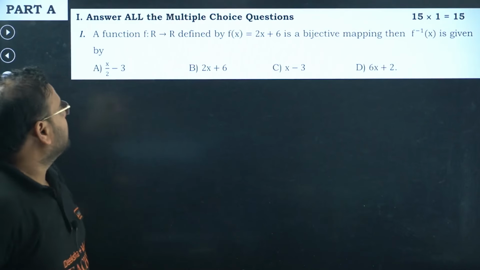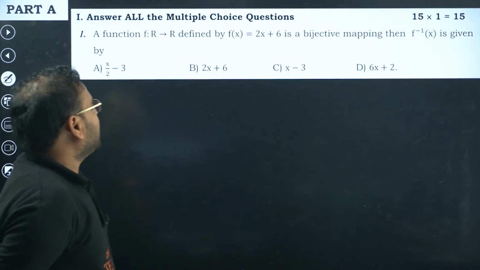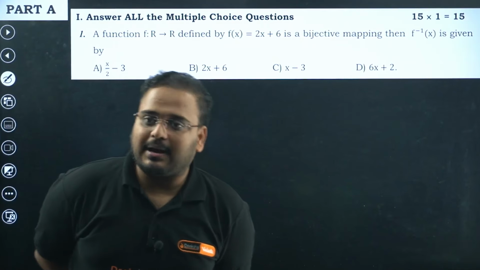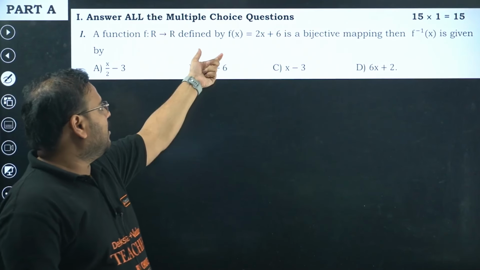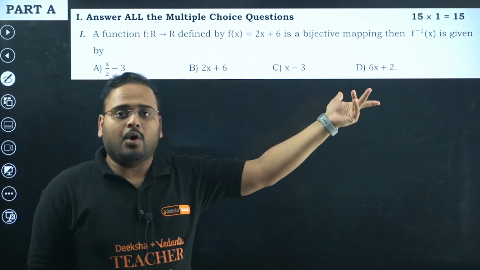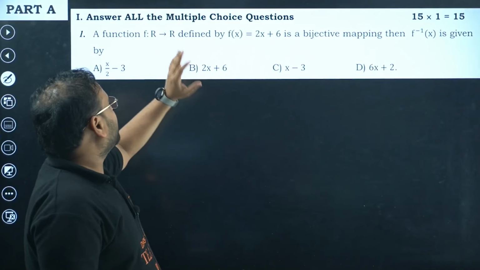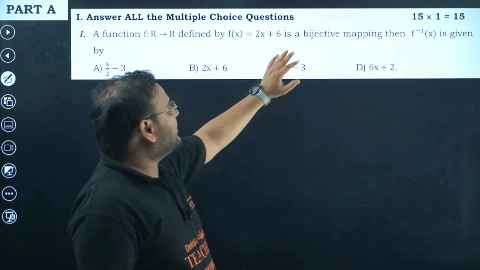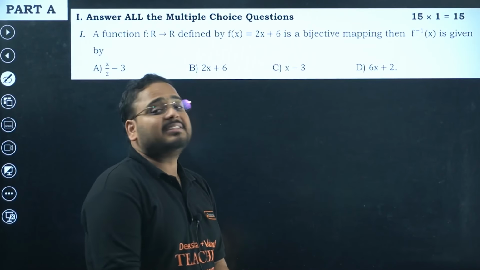Let's start. The given function f from R to R is defined by this linear function 2x plus 6, is a bijective mapping, which is true because it is a linear function, means a straight line will be one-one, and since it is mapped from R to R, it will also be onto. Now, they're asking us to find the inverse.